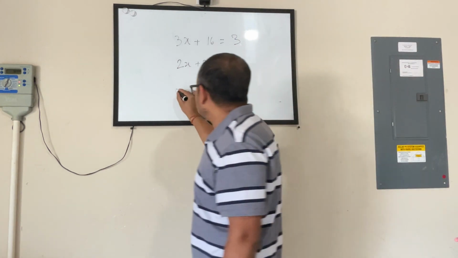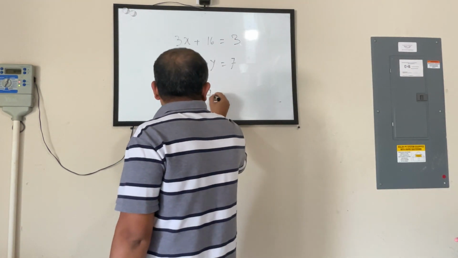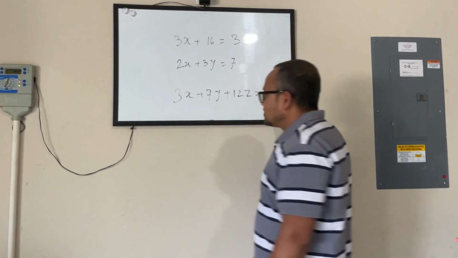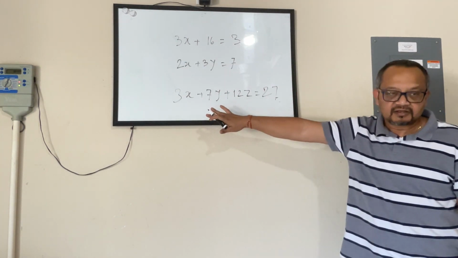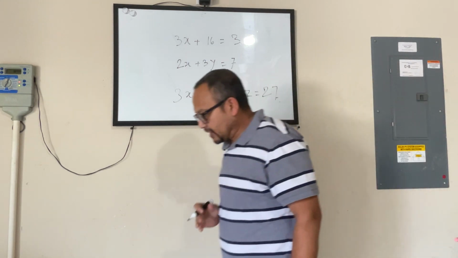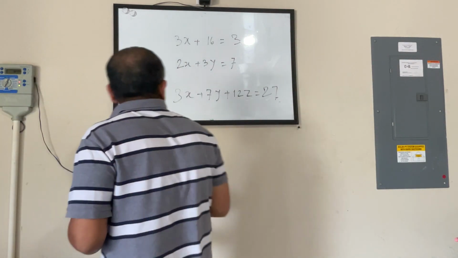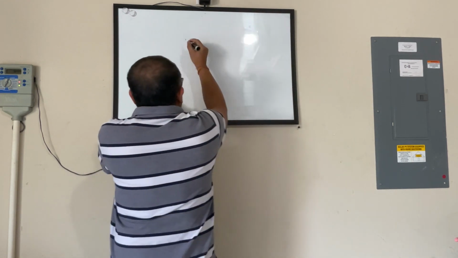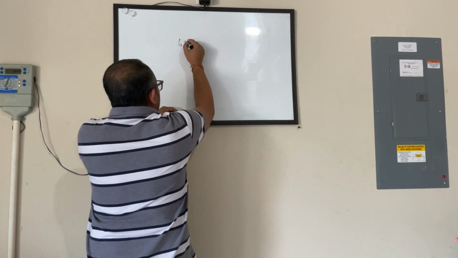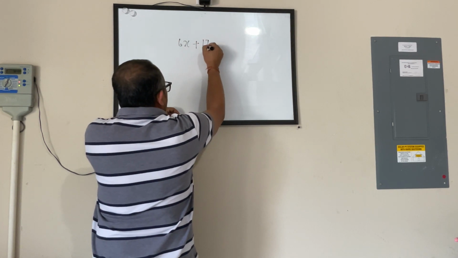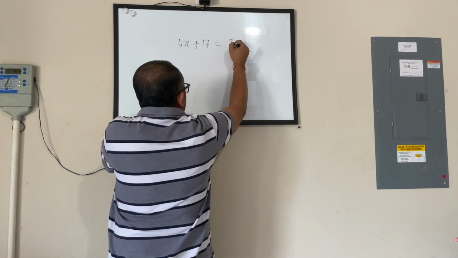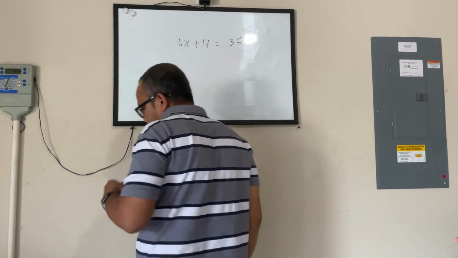If I have something like this, this is an equation with three variables. Very simple, right? Now, let's say somebody says, I have this equation.